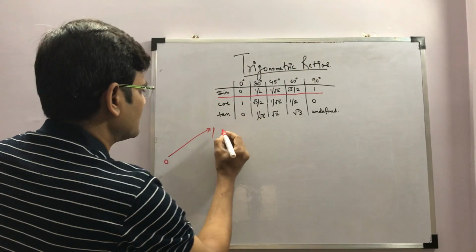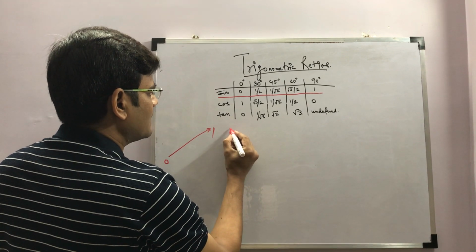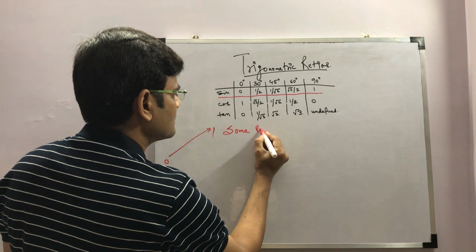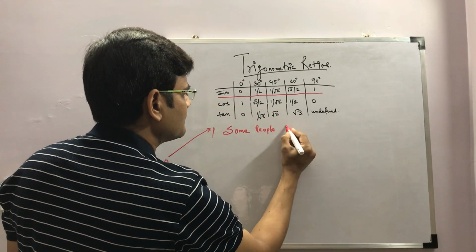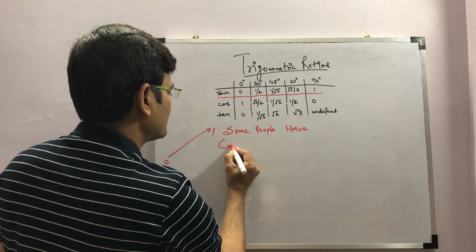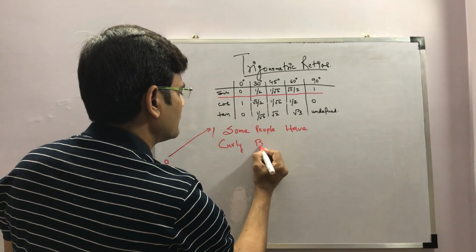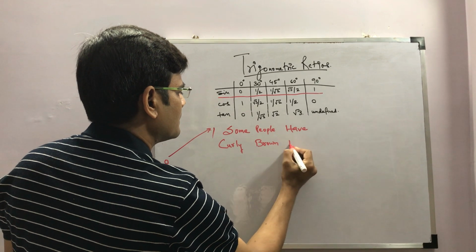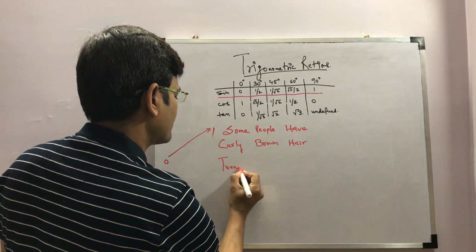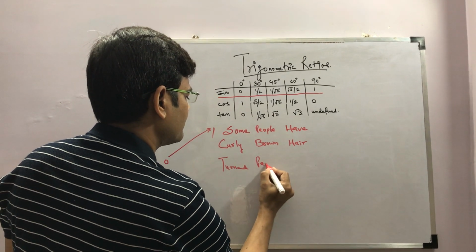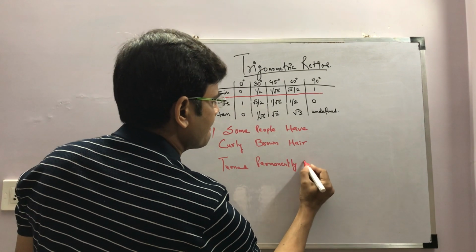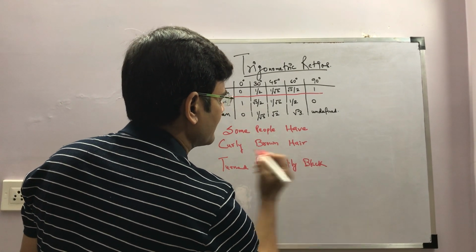And for tan theta, first of all I'll start with a little more basics again. Some people have curly brown hair turned permanently black.